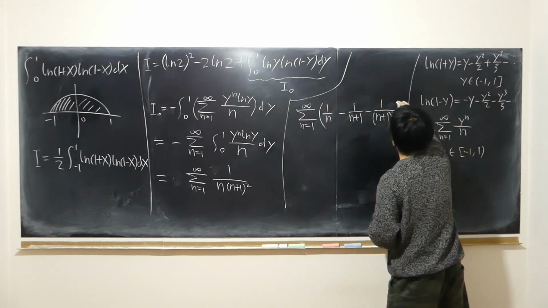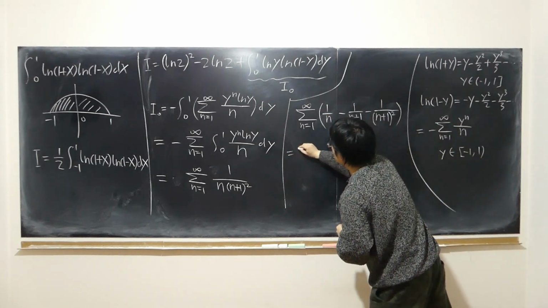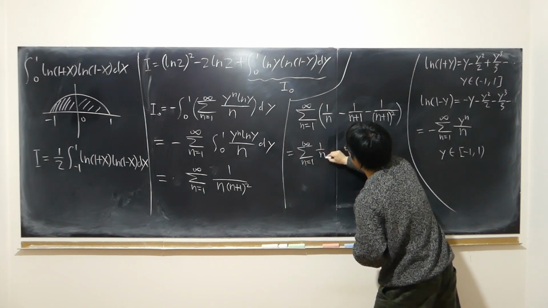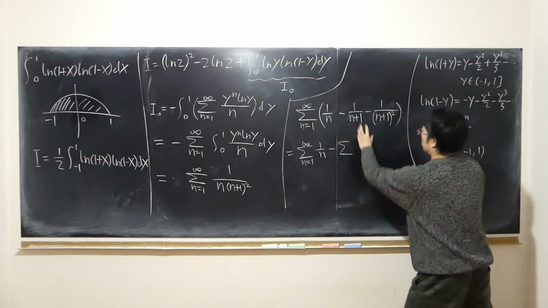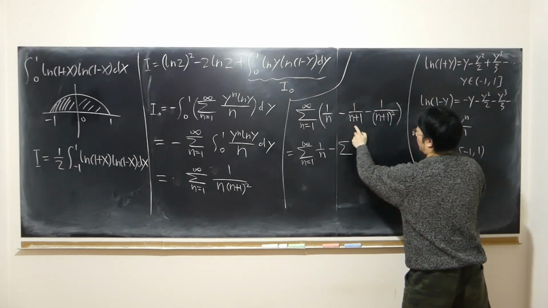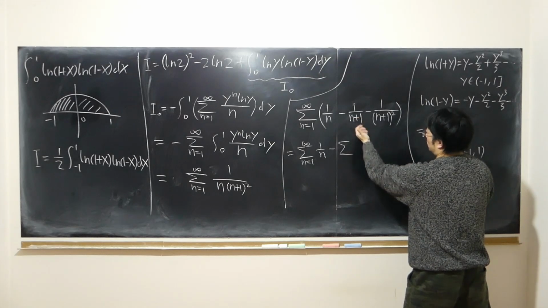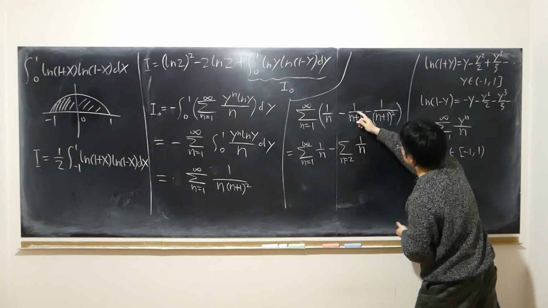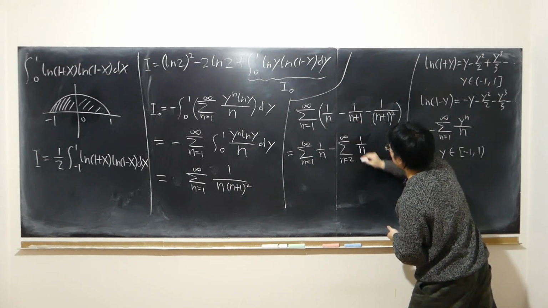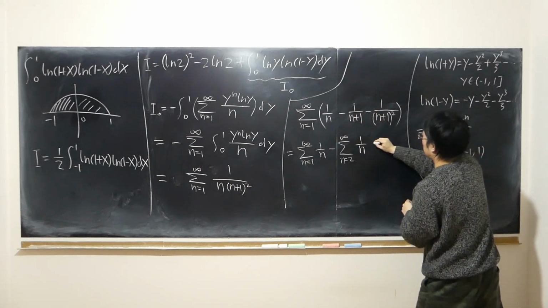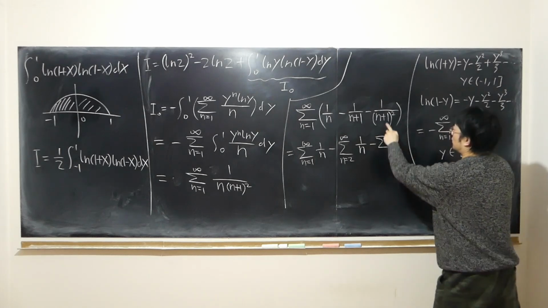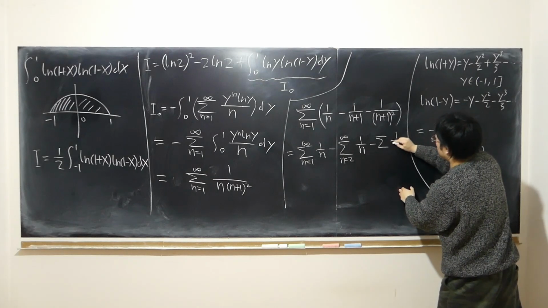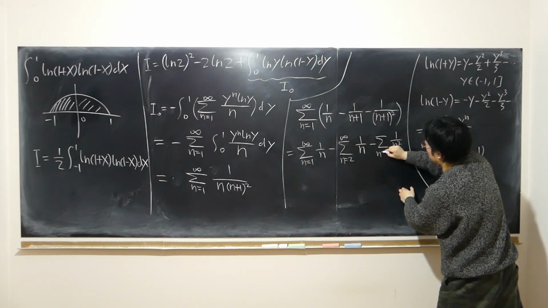So now we can easily split the sum. Easy to split. Minus. So this sum, the bottom goes from 2. So n goes from 2, 1 over n. Change it into n, to infinity. This minus, again, the bottom goes from 2, square. Just change it into n squared, then n goes from 2.